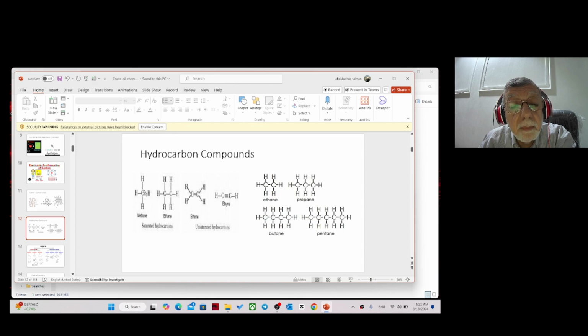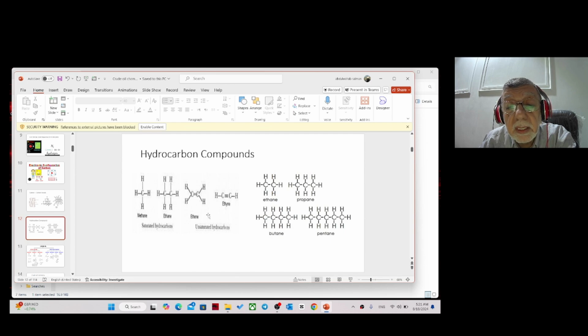So carbon makes 4 covalent bonds with hydrogen, or makes another bond with another carbon atom, so remaining only 3 electrons in the outer shell are connected by hydrogen, and the other atom also by hydrogen.